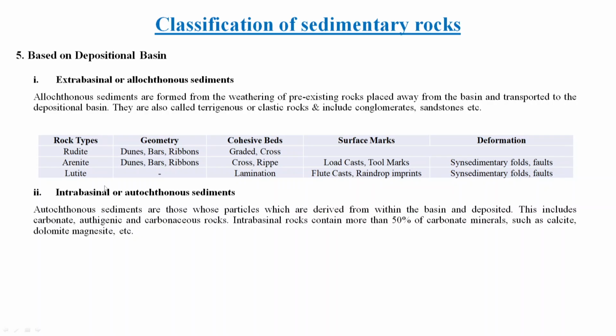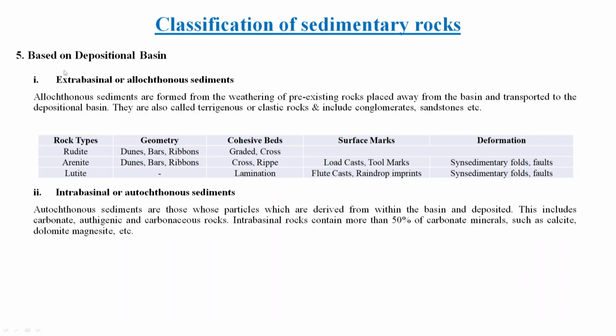Also, if there are angular grains, or if it is poorly sorted in some cases, then they are mainly conglomerate in nature. But in case of your intrabasinal or autochthonous sediments, they are mostly chemical precipitates, and again they are the same as the non-clastic rocks, where minerals like calcite and dolomite will be present in that particular rock.